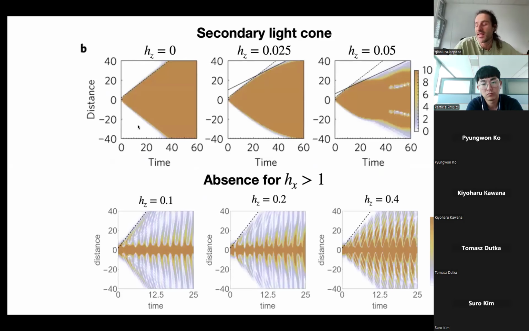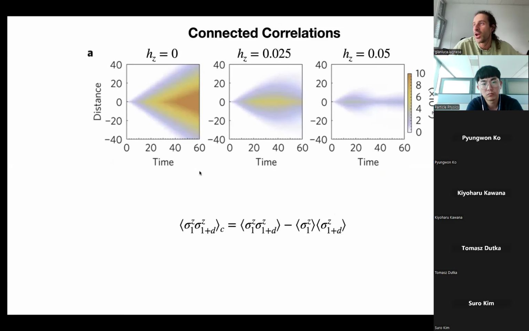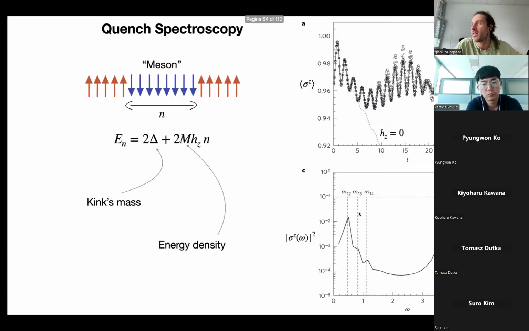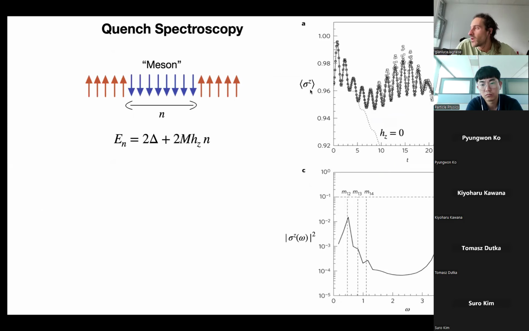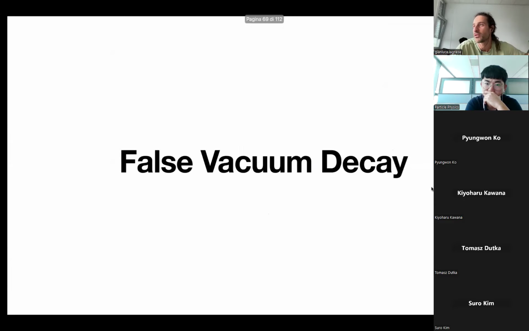The standard quench dynamics in this case is this propagation of particles that is detectable in these correlations, and this strange behavior of local expectation values, which, when you Fourier transform, you really see specific peaks that you can model in this way, and it works. So you really see that you are populating these modes over the true ground state. So this is more or less, I don't know if I answered your question.